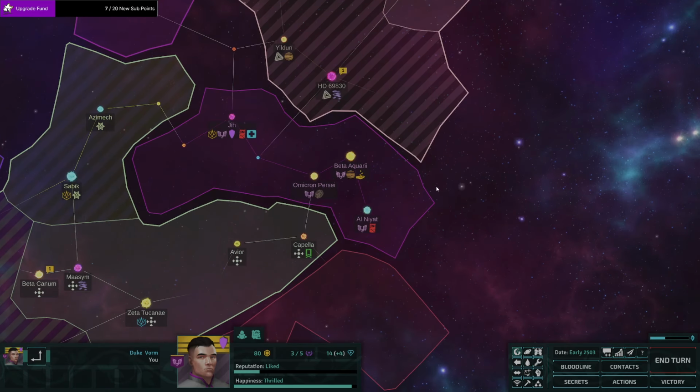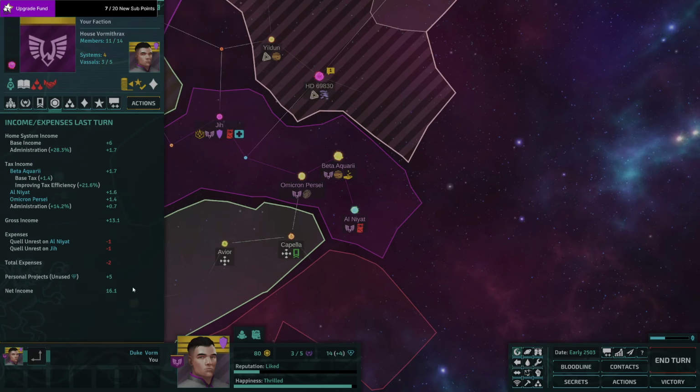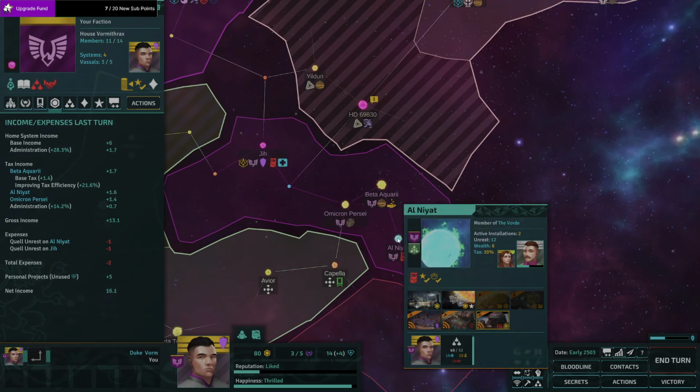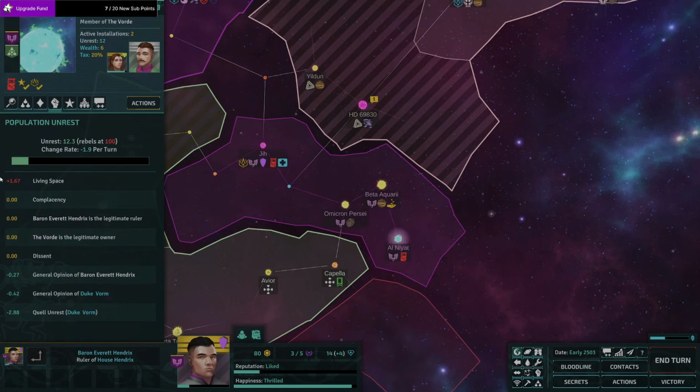All right. So we raised taxes. We're up to 80. We're getting 16.1. We're spending on the Quell Unrest, which I think it might be time to pull. We're down to 12, and they've just got the living space. So yeah, I think it's time to pull that one.